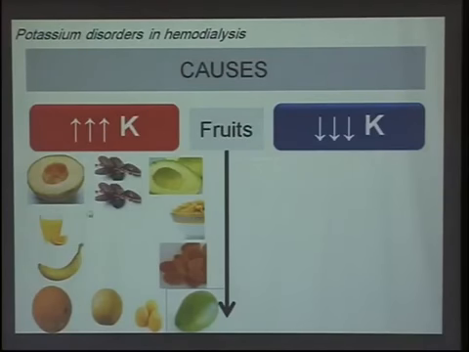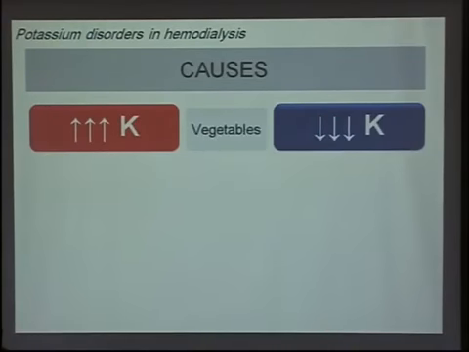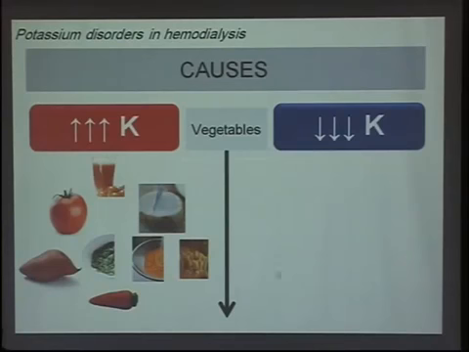So, for example, cantaloupe, dates, and avocado are very rich in potassium compared to pear, apple, and plums. Tomato juice is very rich in potassium. Also tomato, potato, sweet potato, lentils, and dried beans.